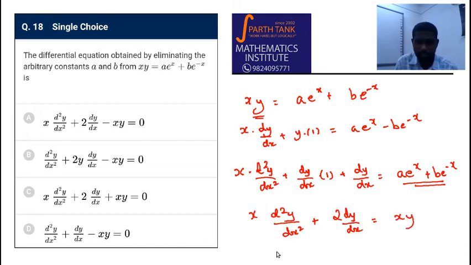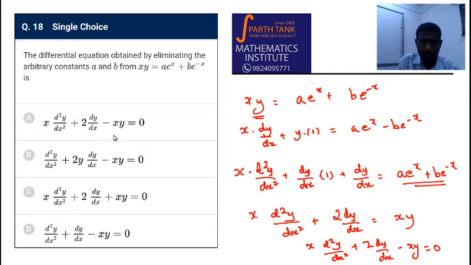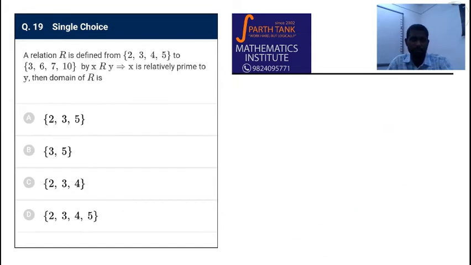So this is the answer. Or if you rewrite it in another way, x into d square y by dx square plus 2 dy by dx minus xy is 0. And where do we have that? X d square y by dx square plus 2 dy by dx minus xy is 0. Yeah, the others don't match. So option A. 18, option A. Very simple. Just differentiate it twice.